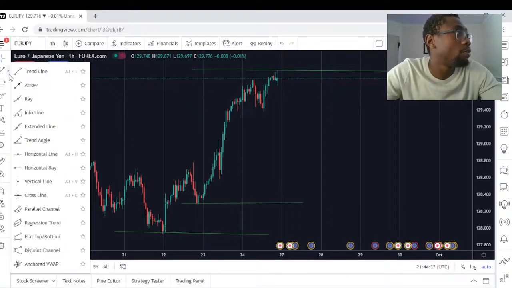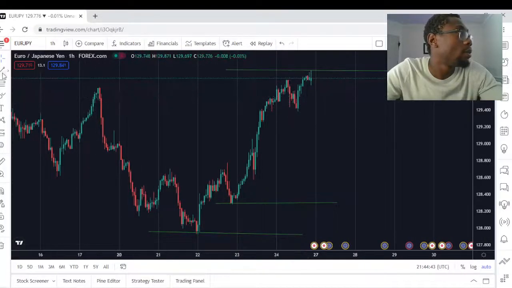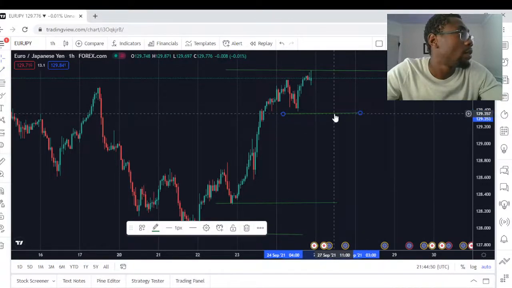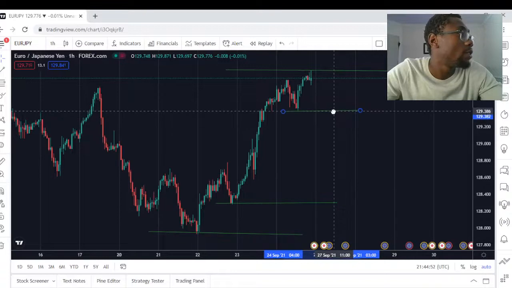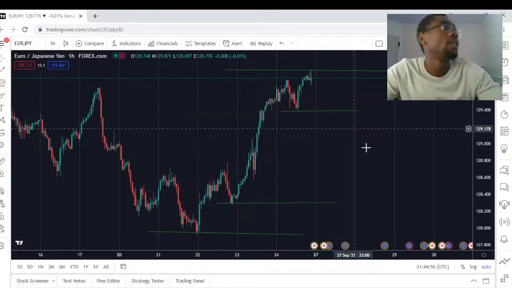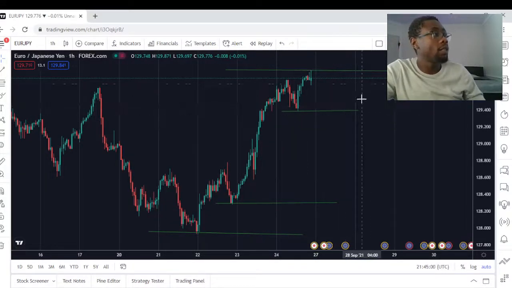Why not? I'll draw this level here as well, just for the sake of it. Let's move that up, make sure it's to the pip of it better. And that's it. We have these 4 levels right here, where price is now in between these.